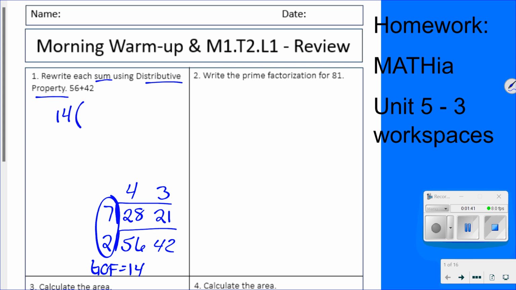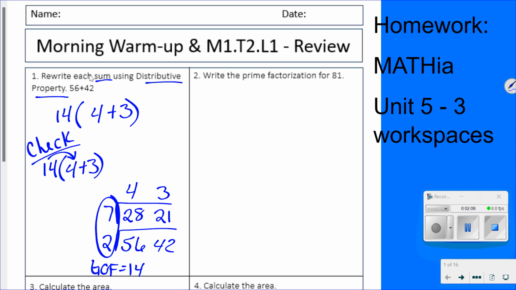So inside our parentheses, it's going to just be 4 plus 3. That's it. So now what you should do is check your work. If you are unsure if this is correct, go back and check it. So we got 14 being multiplied into 4 plus 3. 14 times 4 is what?